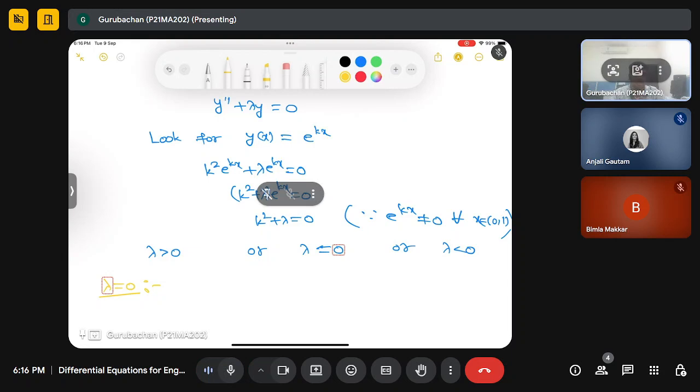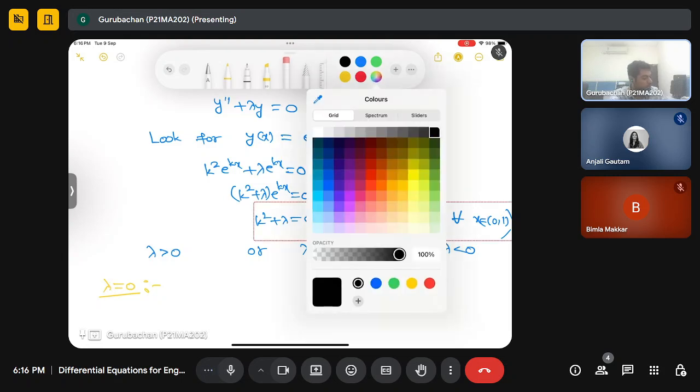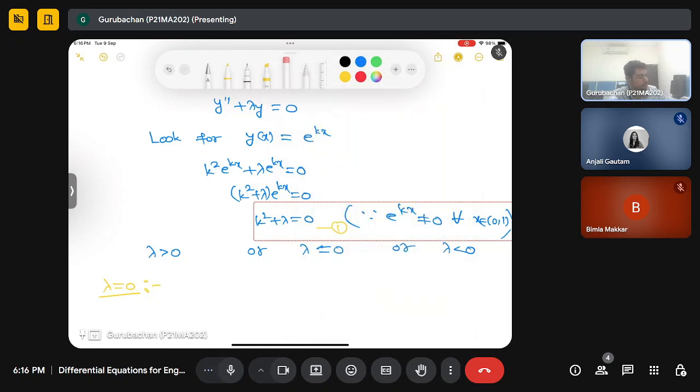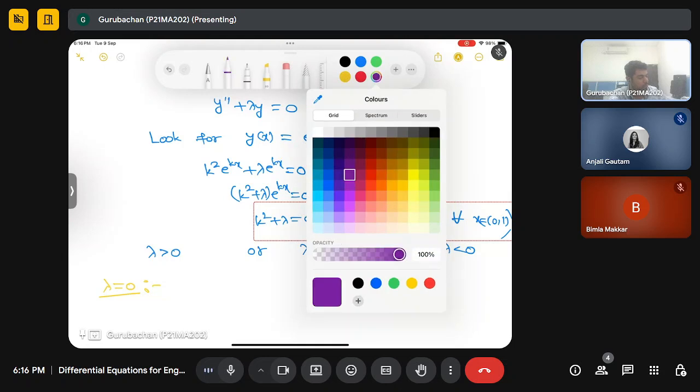So let us start with the case lambda equal to 0. So when lambda equal to 0, then this equation 1 will correspond to, let me choose some different colors so it might be visible then. So let me choose this one.